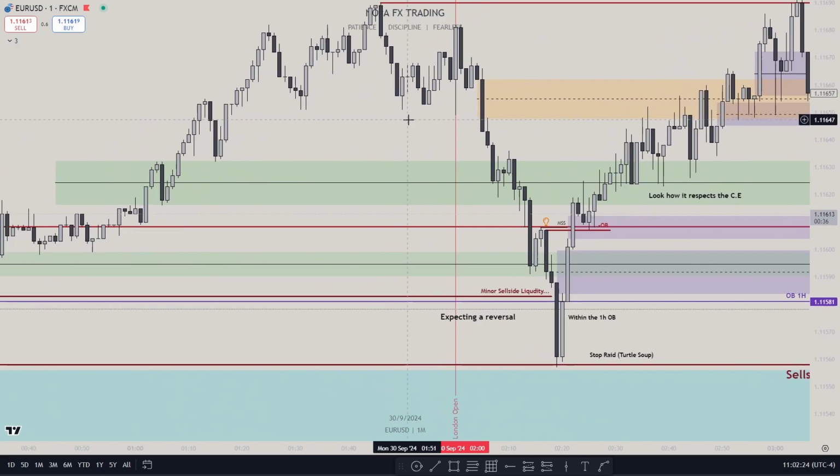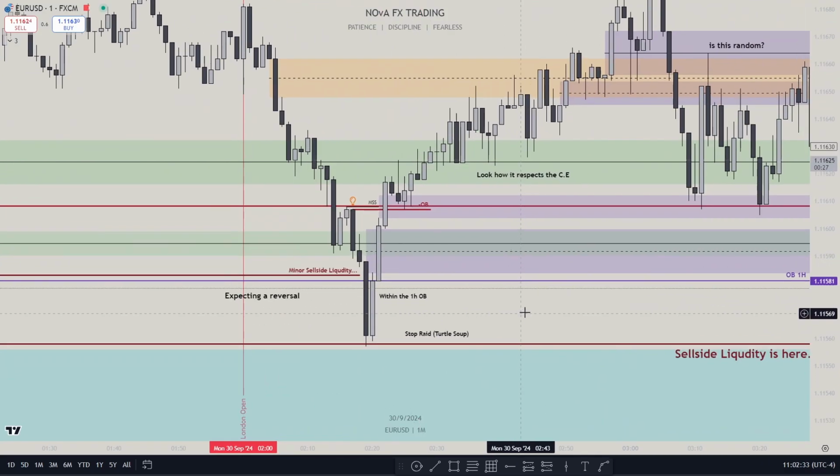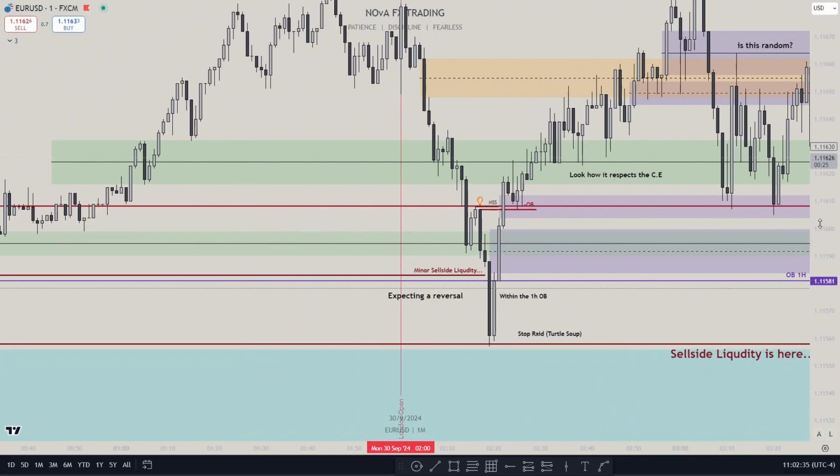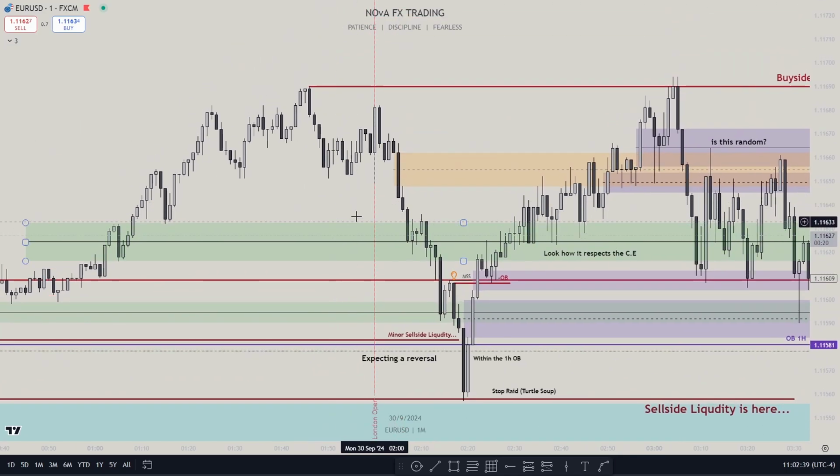So what we want is the price to go to an important level and make a liquidity sweep or a turtle soup or any of those things, so that it reverses to the other side of the liquidity.